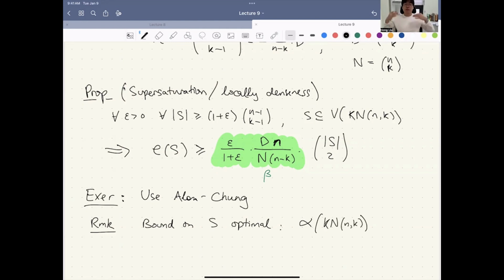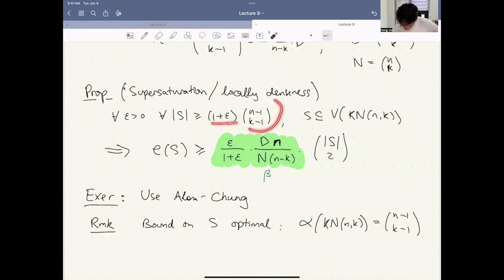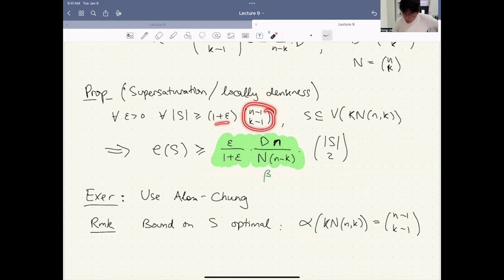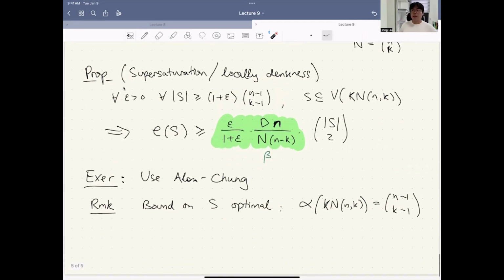The largest independent sets correspond to the largest intersecting families, which by EKR is m minus 1 choose k minus 1. So if you drop below this value, there could be no edge at all. But once you're above the independence number by a positive fraction, you suddenly see a positive fraction of edges. This is supersaturation. Okay. Any question?